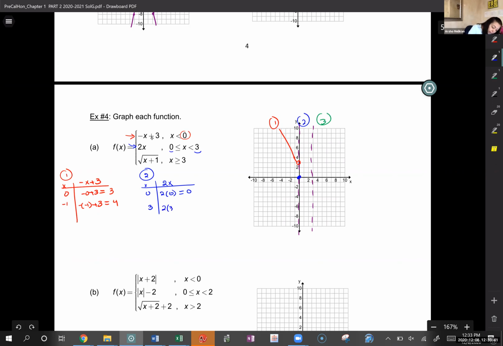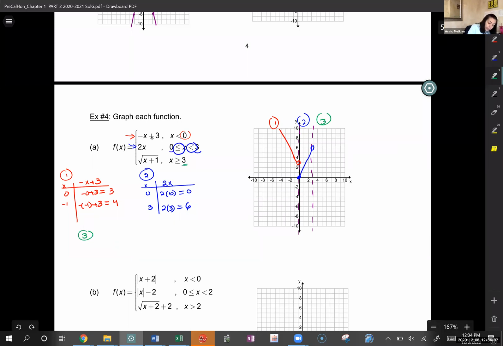3 gives you y equals 6, open circle. Why is the first one closed and the second one open? Because here, this is closed and this is open. And then in the third region, we're graphing a square root function.